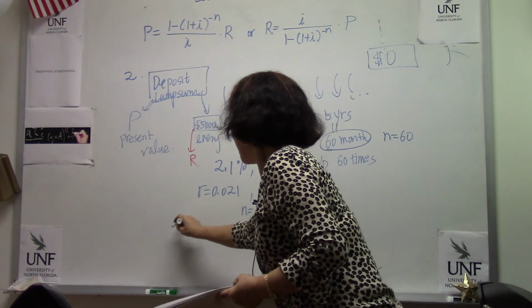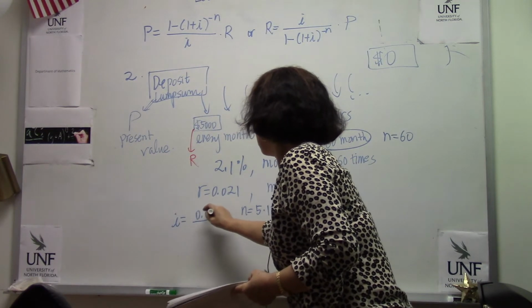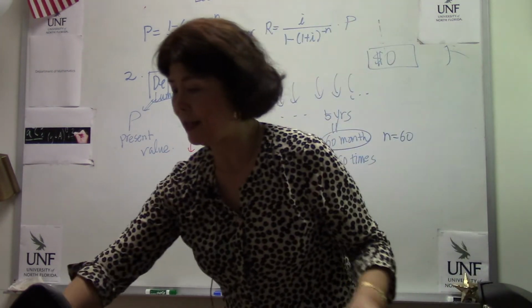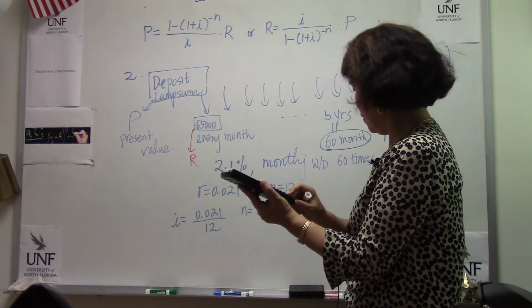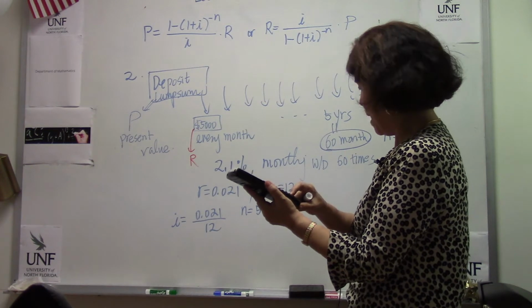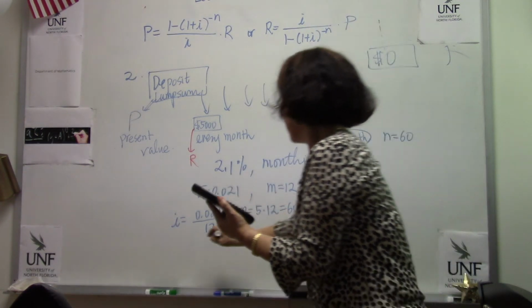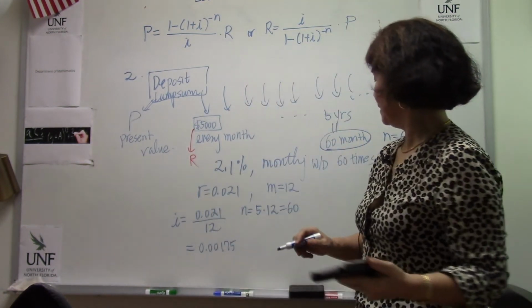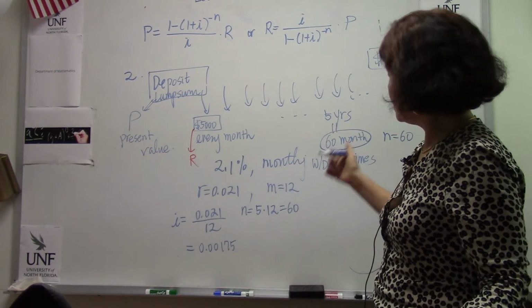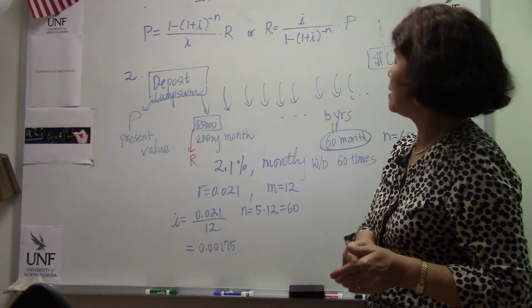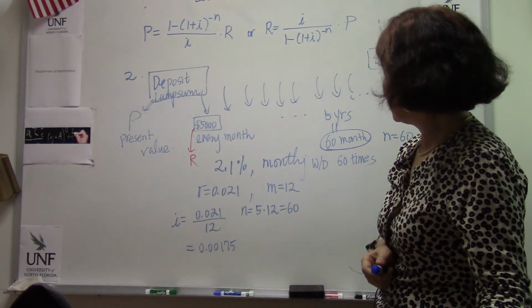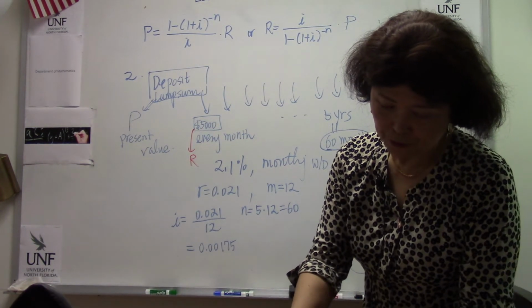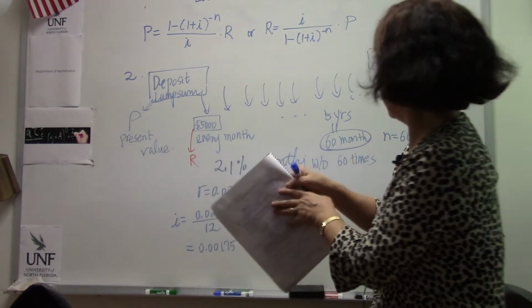And what is I? I is 0.021 divided by 12. Well, what is that? I didn't compute that yet. So 0.021 divided by 12 is 0.00175. Okay? So these things are involved in understanding this decreasing annuity concept. So let's compute. Yeah, Example 5.